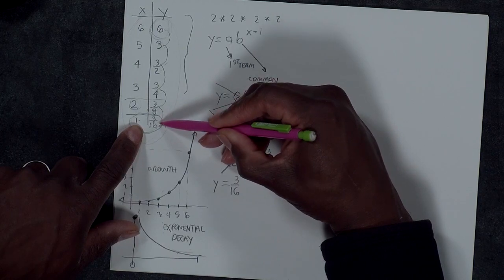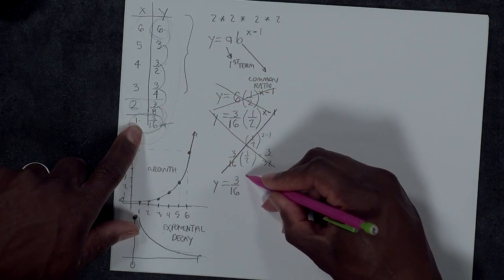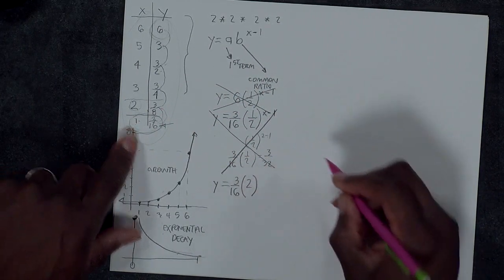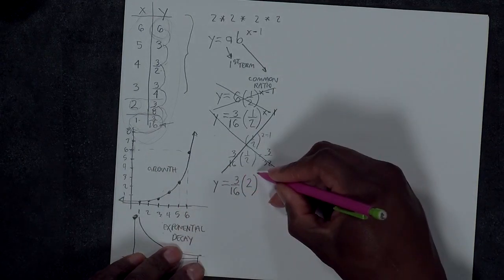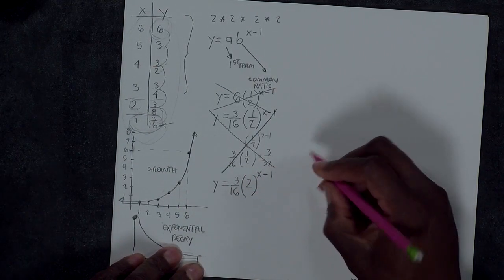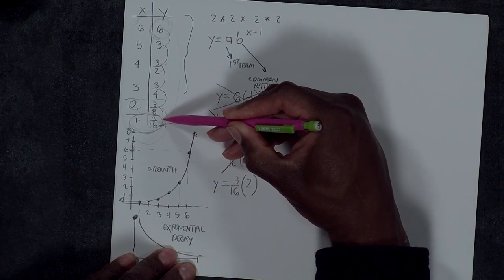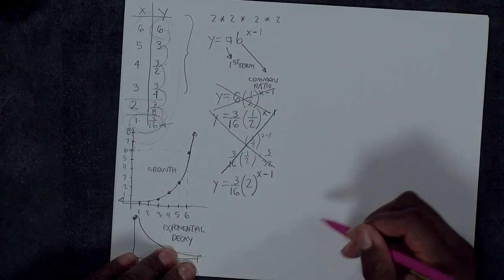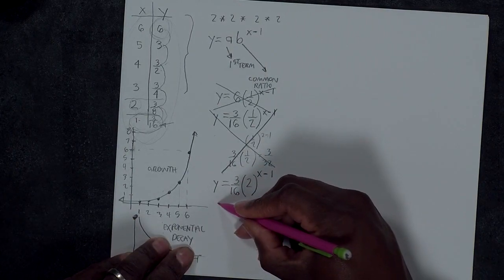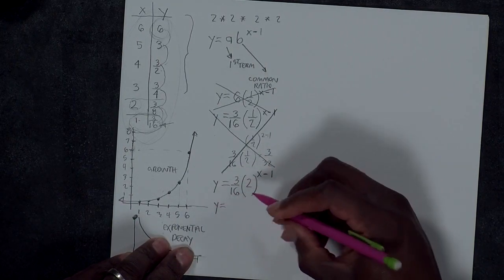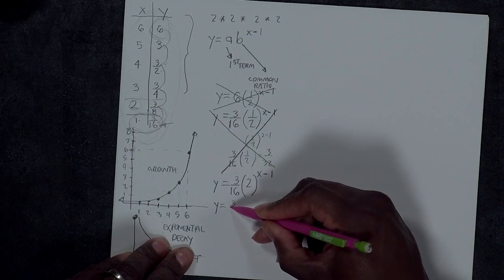Forgive me. Our common ratio is 2. I am so sorry. Common ratio is 2, to the x minus 1 power, because it's 2 that you're multiplying to go from one term to the next. Forgive me. All right, so what we have is y is equal to 3/16.